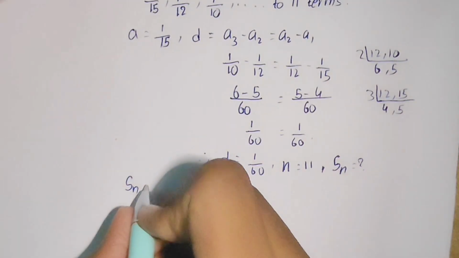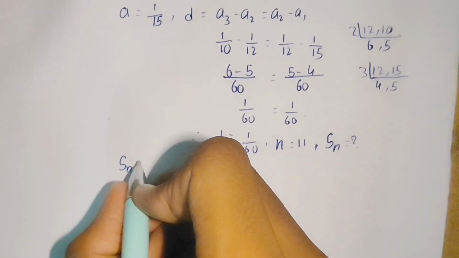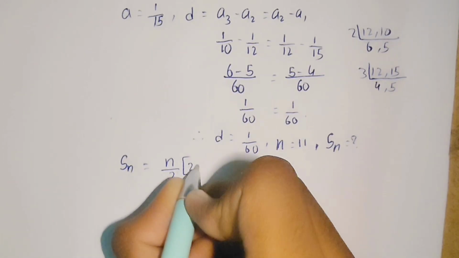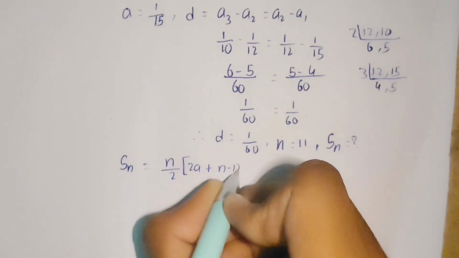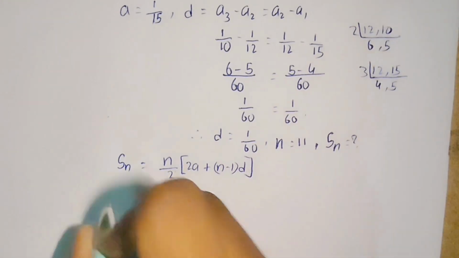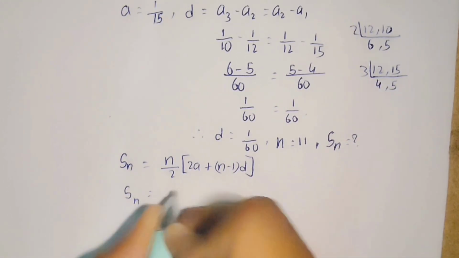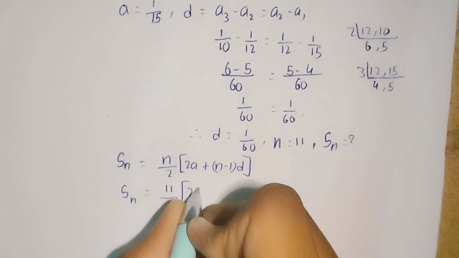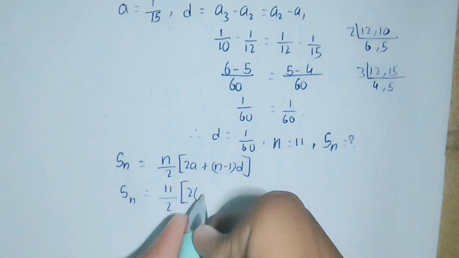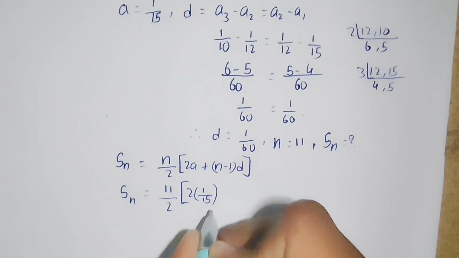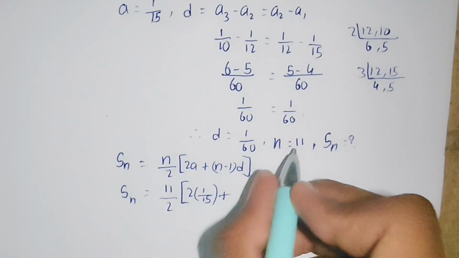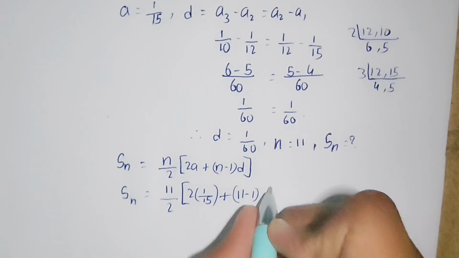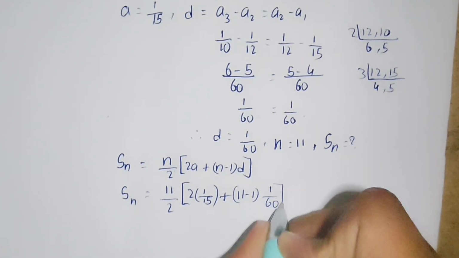We know the formula of S base n, that is equal to n by 2 into (2a plus (n minus 1) into d). So S base n is equal to 11 by 2 into (2 into a, which is 1 by 15, plus (the value of n, 11, minus 1) into the value of d, which is 1 by 60).